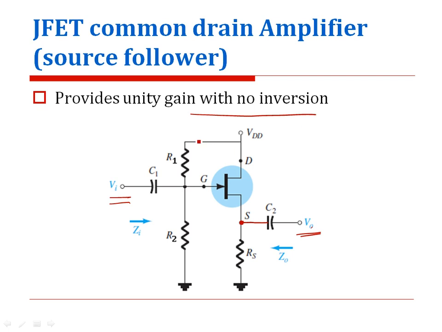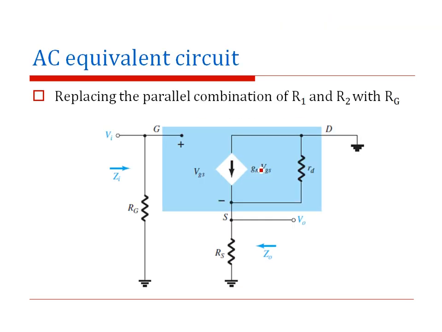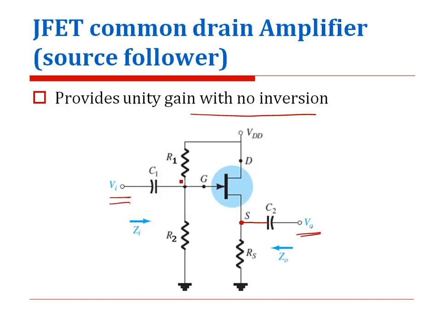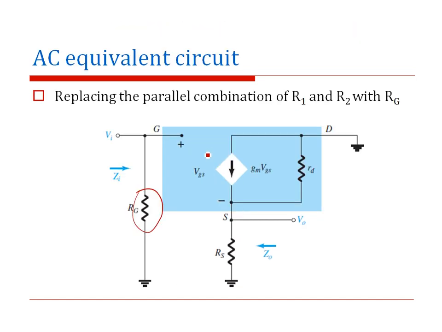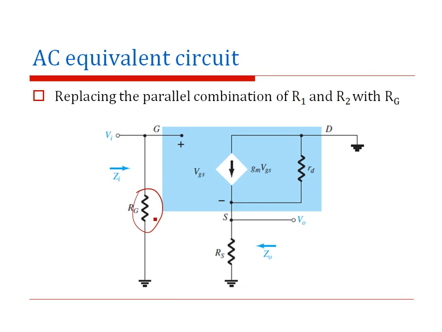Actually, similar to common emitter amplifier, for the common source also you can see this negative sign for voltage gain, which means there is an inversion for the output voltage or 180-degree phase shift. Now here there is no inversion. So if you replace the parallel combination of R1 and R2 with RG, which is the parallel combination of R1 R2, because when you draw the AC equivalent, you are shorting this DC source to ground, and then this R1 will become parallel to R2, and that is represented by RG.